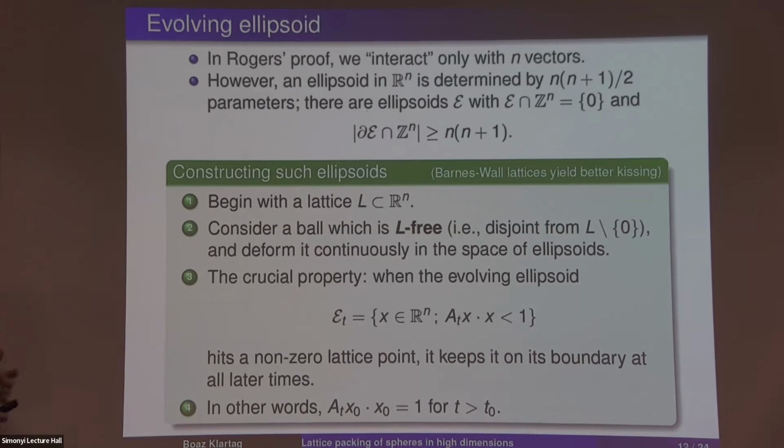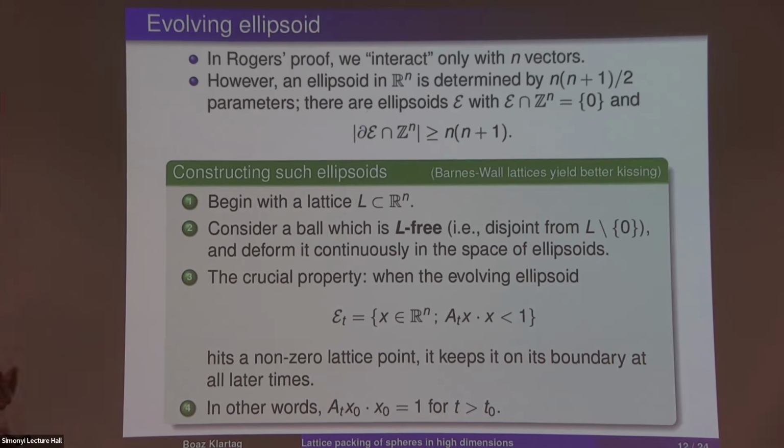So the idea is to begin with any lattice L, and a starting point for the algorithm: some little ball that contains only the zero vector. Let's try to deform it continuously in the space of ellipsoids while keeping the integer free condition. The crucial property of this continuous evolution is that when our evolving ellipsoid E_t hits some non-zero lattice point, it keeps it on its boundary at all later times.